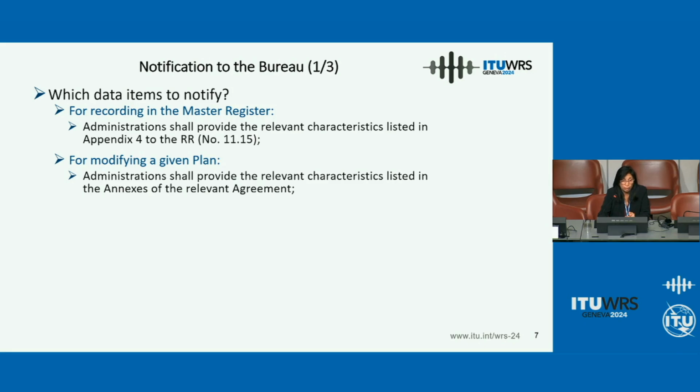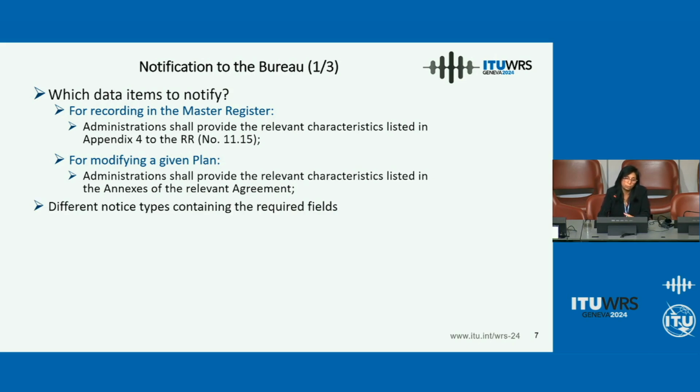So, which data items to notify? If it's for recording in the master register, administrations must provide the relevant characteristics which are listed in Appendix 4. If it's to modify a given plan, then administrations must submit the relevant characteristics which are listed in the relevant agreements.